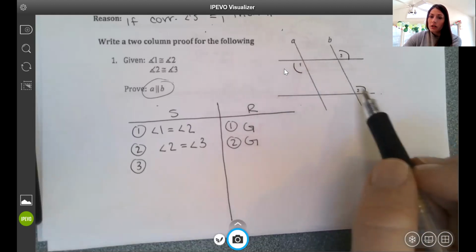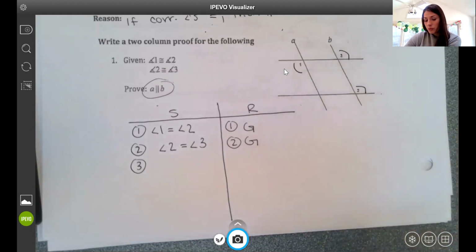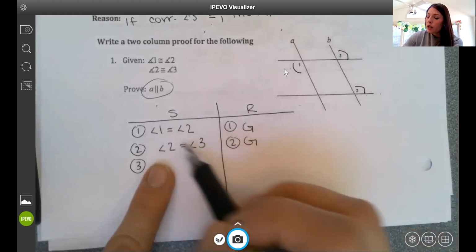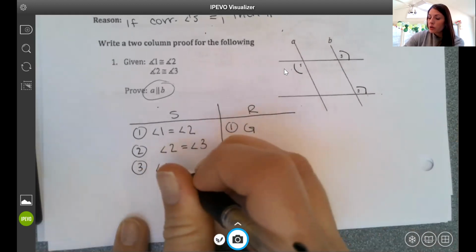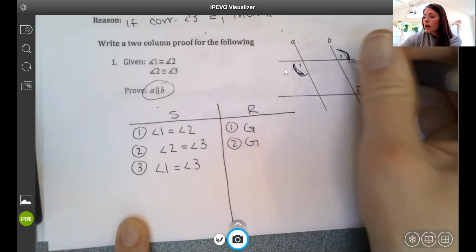But if I know 1 is congruent to 2, and I know 2 is congruent to 3, I also would know what 2 angles are congruent. 3 is congruent to 1. Yeah, if they're both equal to 2, then 1 and 3 must be congruent to each other as well. Okay, 1 and 3.